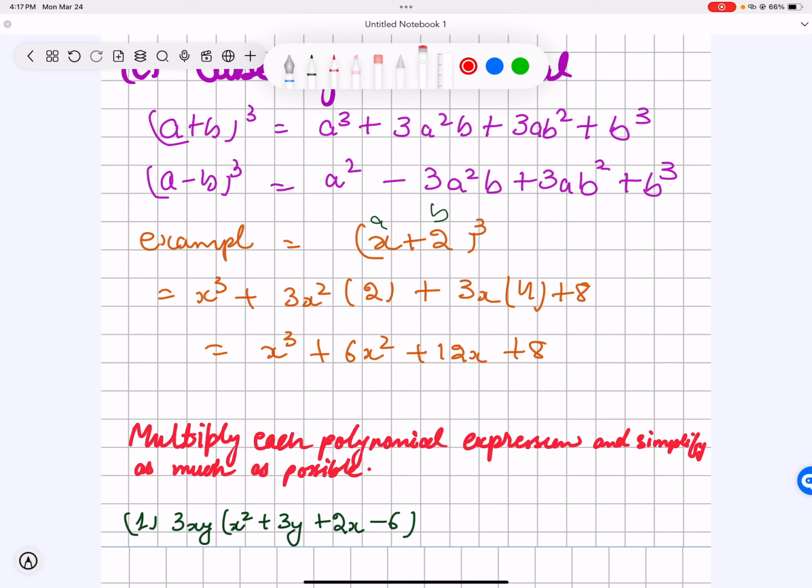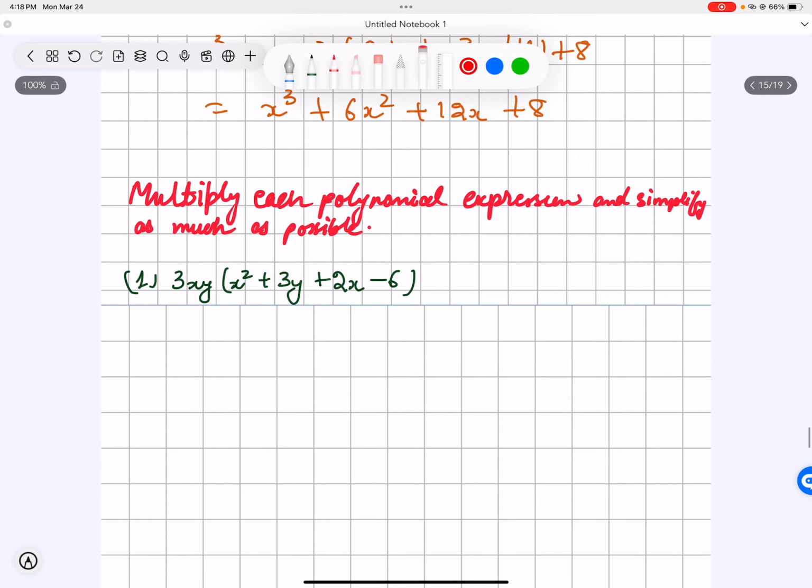Plus b cubed. B cubed is 2 times 2 times 2, which is 8. And then we multiply whatever it is. We get 3x squared times 2, which is 6x squared, plus 3 times 4, which is 12x, and then plus 8. That is our answer.